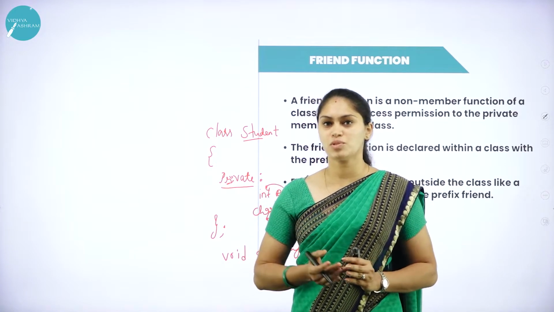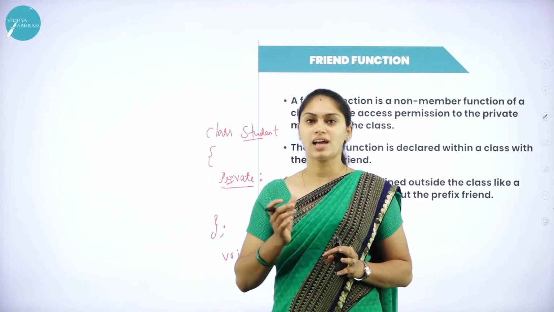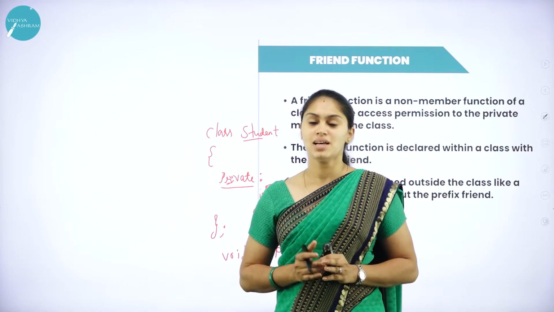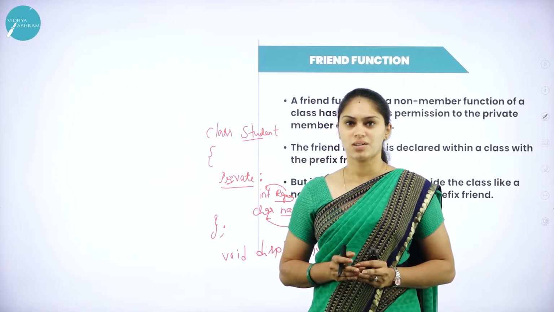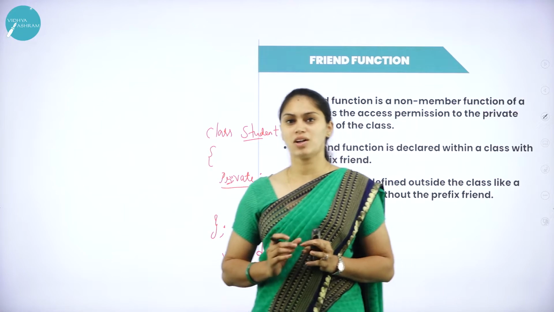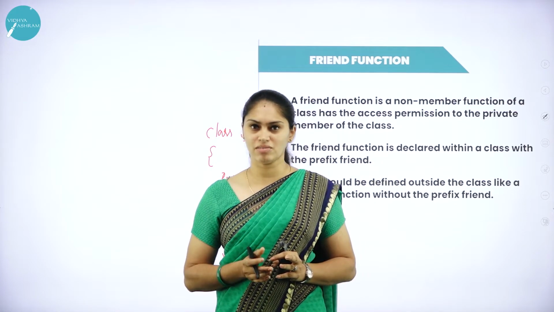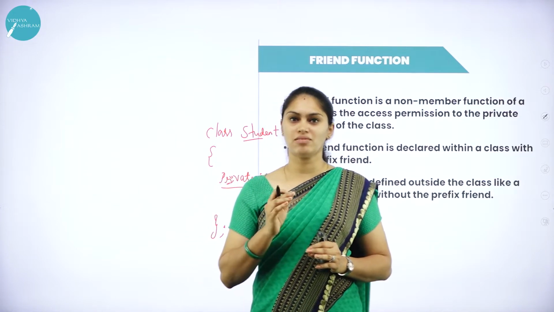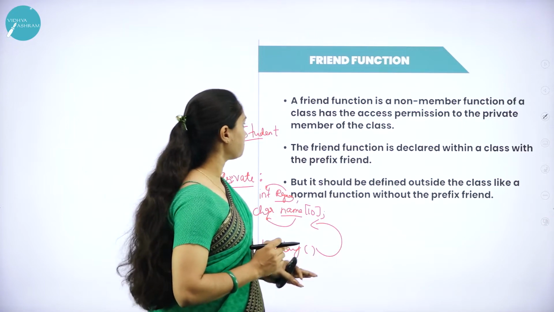Okay, when am I supposed to go with the friend function concept? When you want to access private and protected members of a class by a non-member function, at that time I need to go with a friend function. So a friend function is a non-member function that is used to access the data members and member functions which come under private and protected access mode. Okay, so we'll see now.